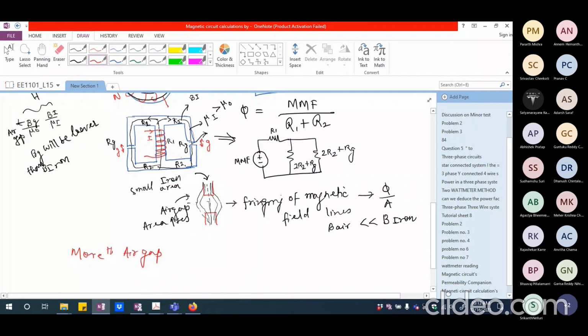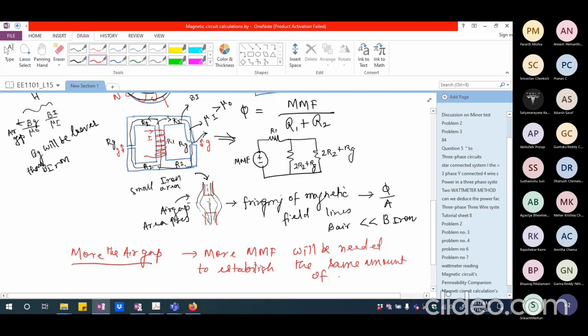So this essentially tells us that wherever we have more air gap, more MMF will be needed to establish the same amount of flux, because obviously air is going to offer more reluctance.